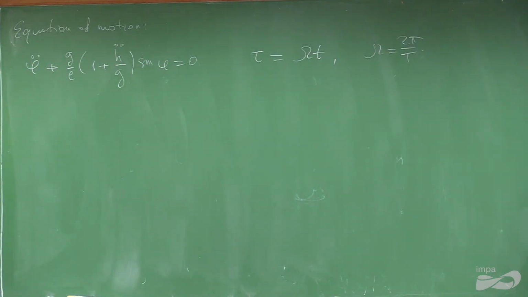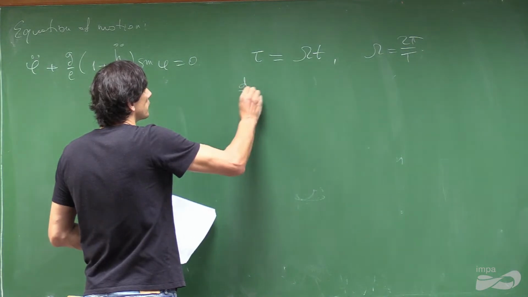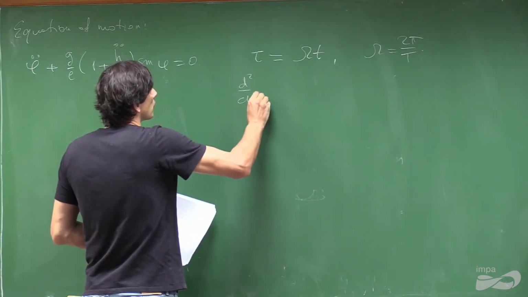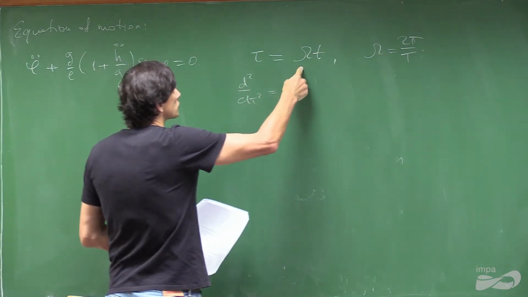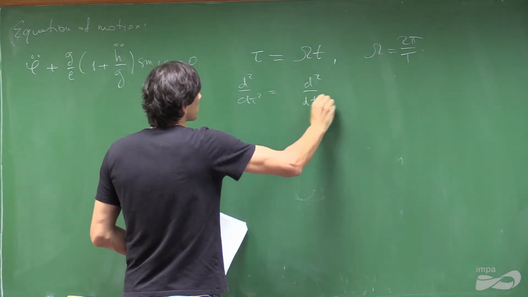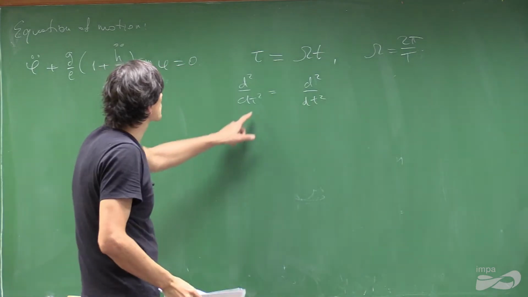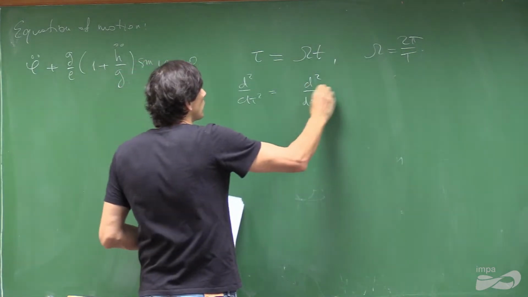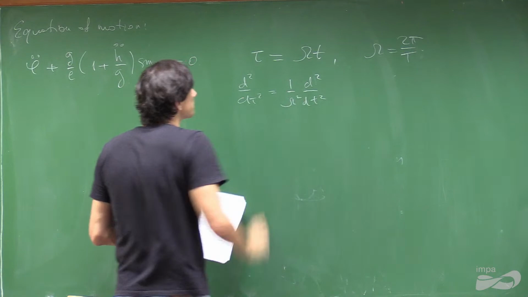So when you do this, the second derivative with respect to time will be the second derivative with respect to tau multiplied by omega squared.